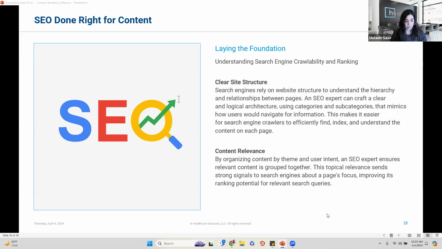SEO done right truly helps you create a website that has clear site structure. Search engines rely on website structure to understand the hierarchy and relationship between pages. An SEO expert can craft a clear and logical architecture using categories and subcategories that mimics how users would navigate this information. This makes it easier for search engines to crawl the site and also for people to go from page to page and understand.